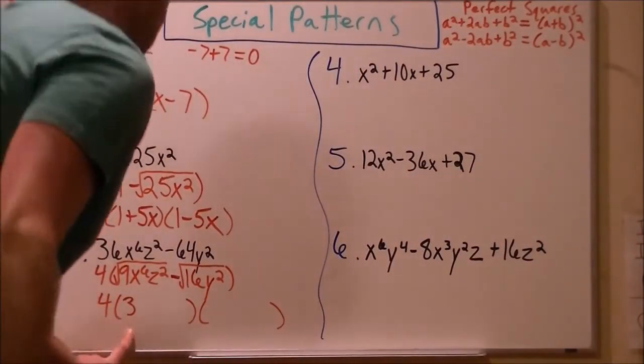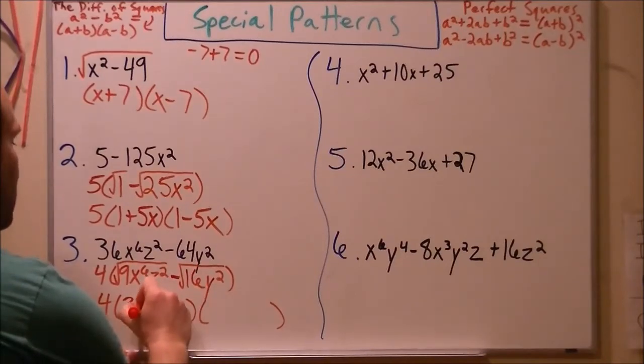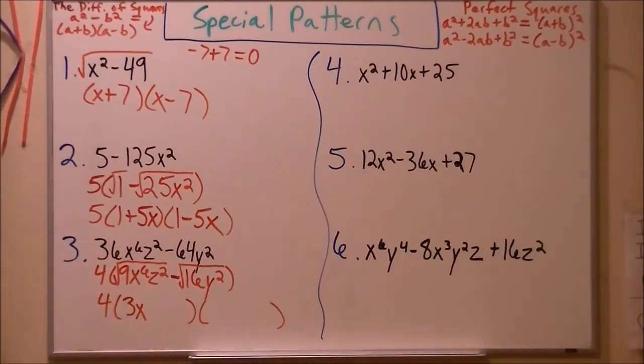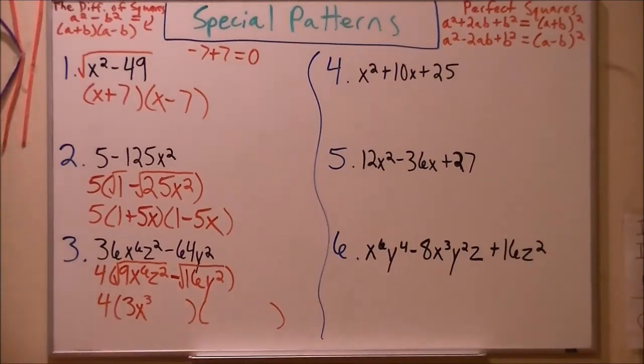But going down here now, back to number 3. I take the actual square root of the number, but the variables are different. I divide the variables by 2. So x to the 6th, square rooted, means I divide it by 2, gives me x to the what? 6 divided by 2 is x to the 3rd power.